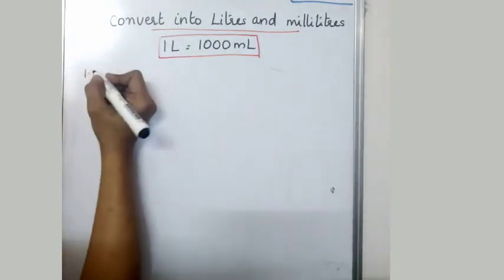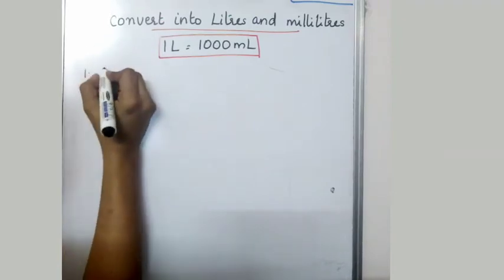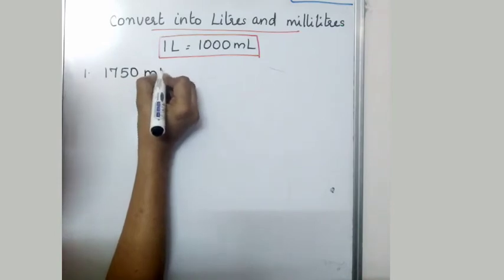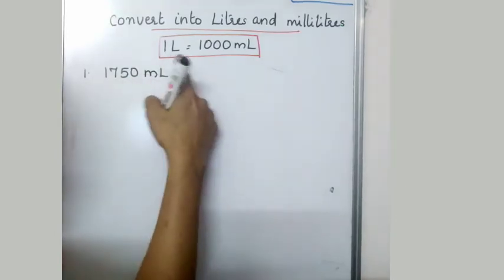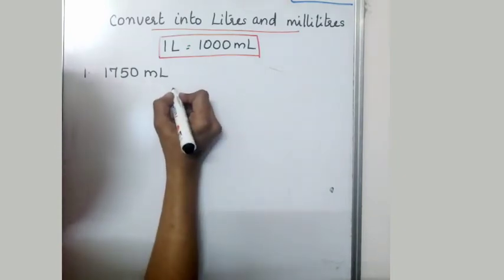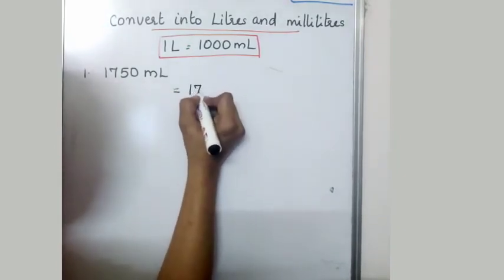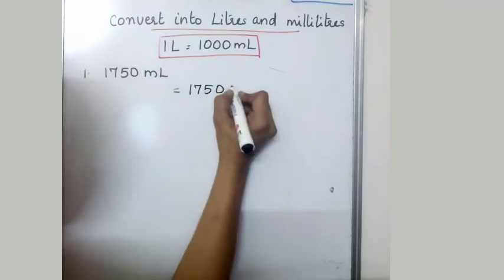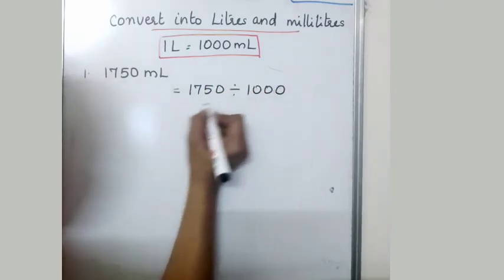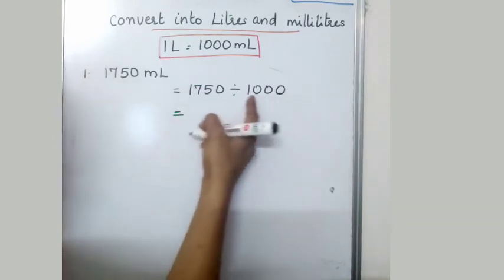We can write the first question. 1750 milliliter. To convert this into liter, we have to divide by 1000. 1750 divided by 1000, 3 zeros.